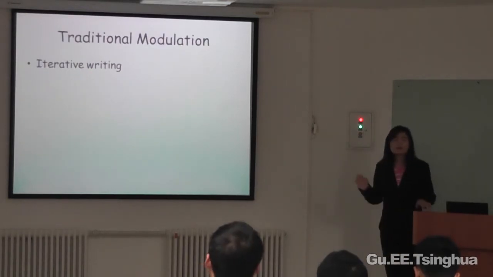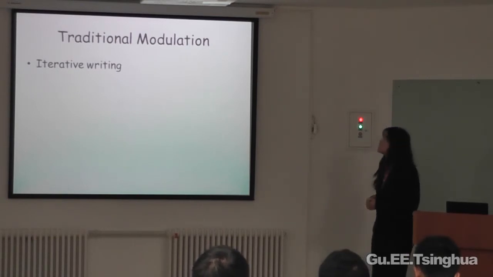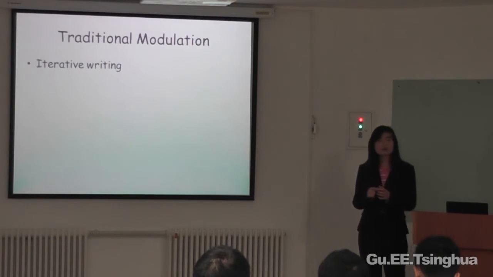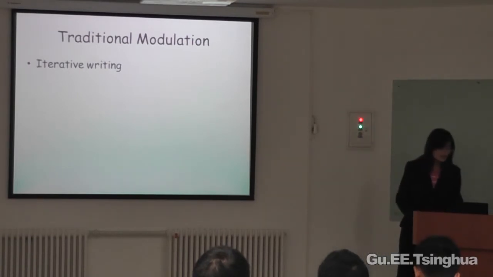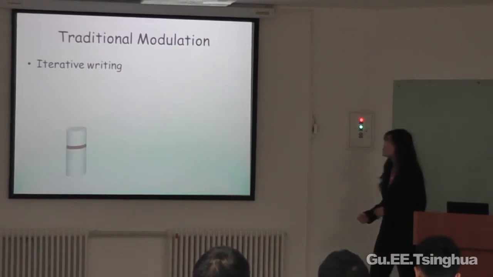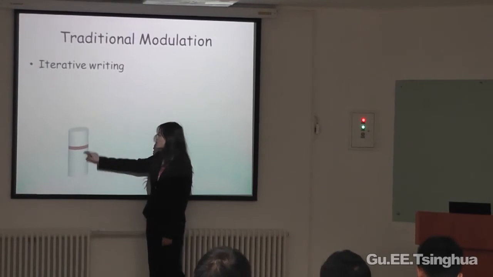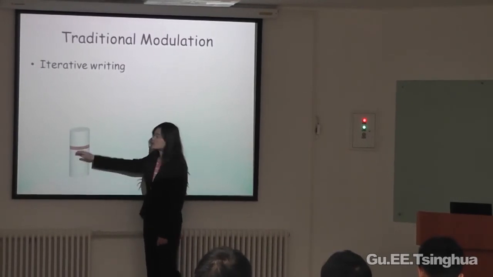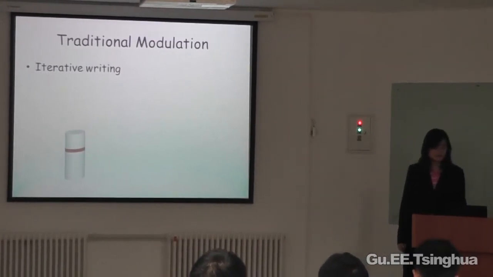Let's first look at how information is represented traditionally. As I said, a certain amount of electric charge corresponds to a certain message value. For example, suppose I want to write the message 3. I want to put electric charge up to here, and this will be my cell. Then people use an iterative writing scheme.